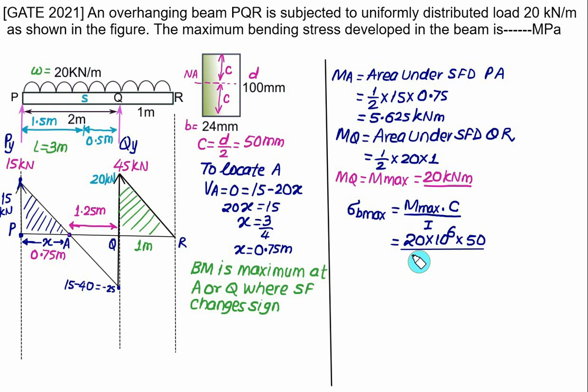We have base equal to 24 and depth equal to 100, so we take the cube of it, and divided by 12, that 12 will shift to the numerator. So the maximum bending stress in this case is close to 250 megapascal.